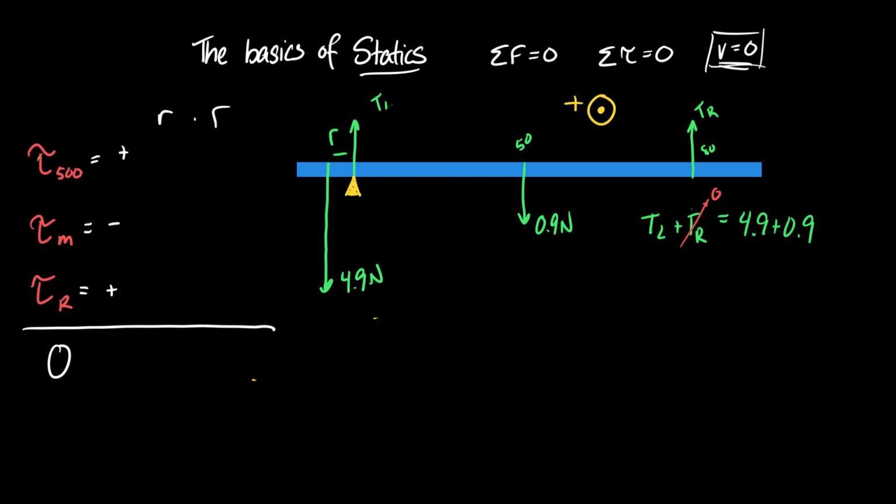Lay out an expression for each torque. I don't know where this one goes. That's the whole point of the problem. But I do know the size of the force is still 4.9. Meter stick hasn't changed. It still has its weight at the middle, which is 0.3 meters away from where my pivot point is, and it's still 0.9 newtons.